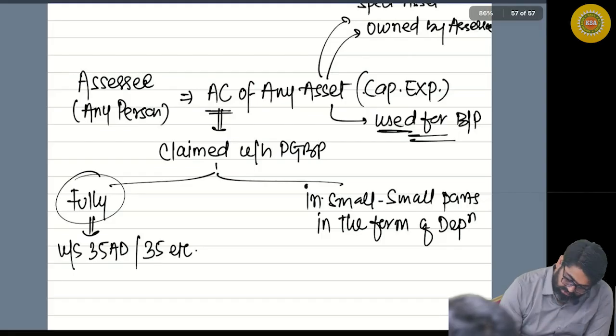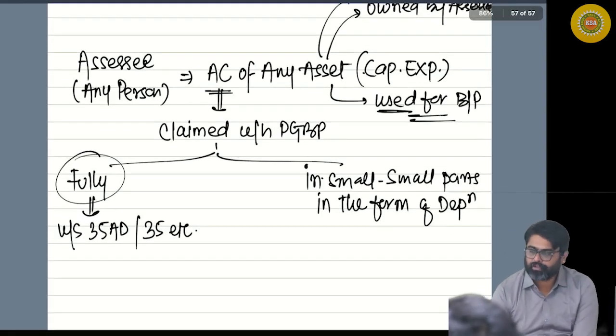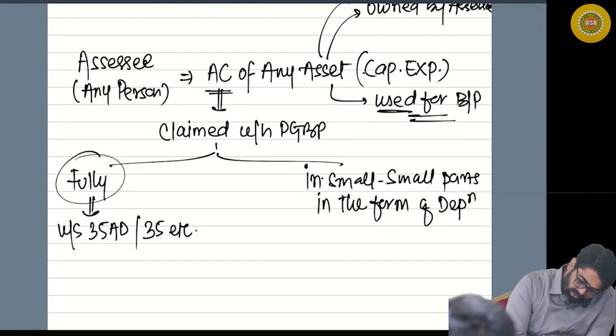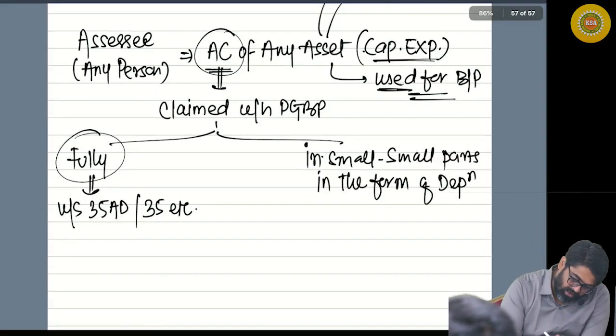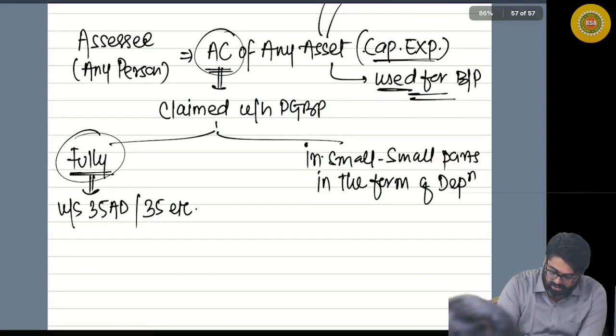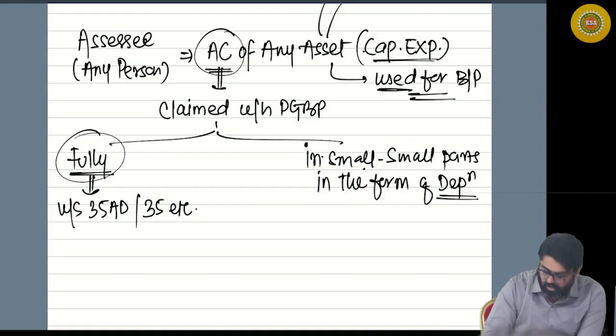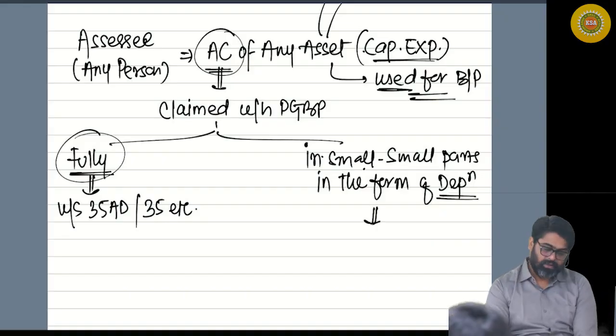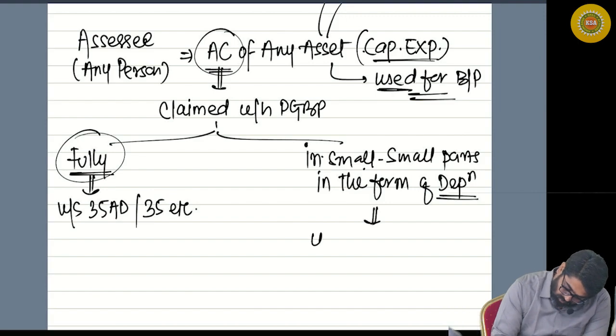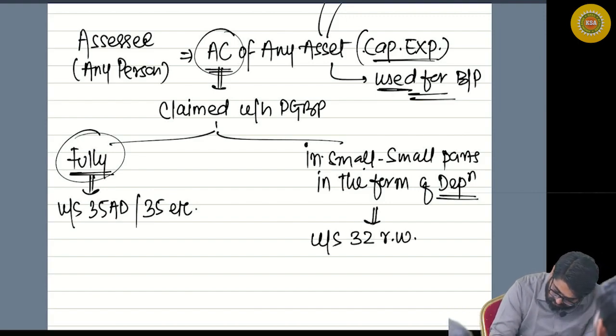If all these three conditions are fulfilled, then only the capital expenditure of that asset can be allowed either fully or in small parts in the form of depreciation. If you want to claim depreciation, you have to follow section 32 read with rule 5.